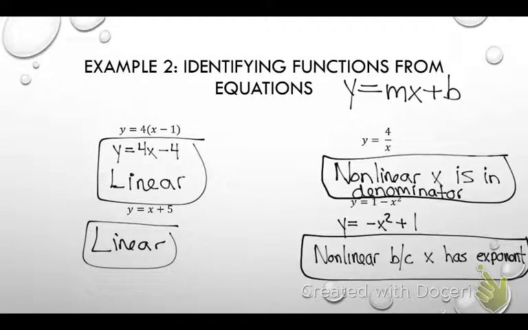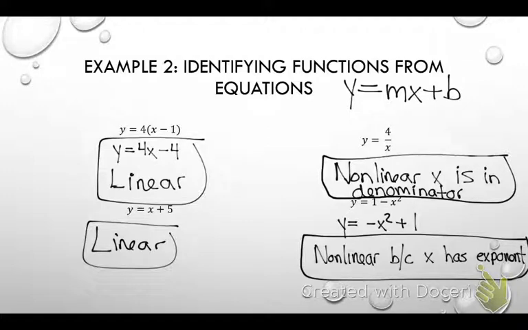This is something you can memorize. If I gave you a worksheet of 10 equations and asked whether each is linear or nonlinear, you're looking for some of this criteria. If x is in the denominator, it can't be linear. Same thing with the exponents.